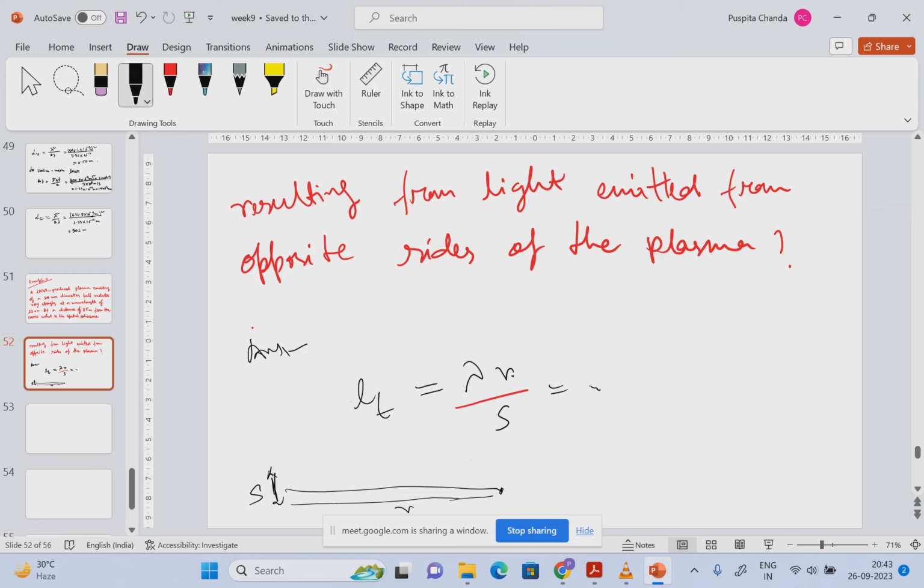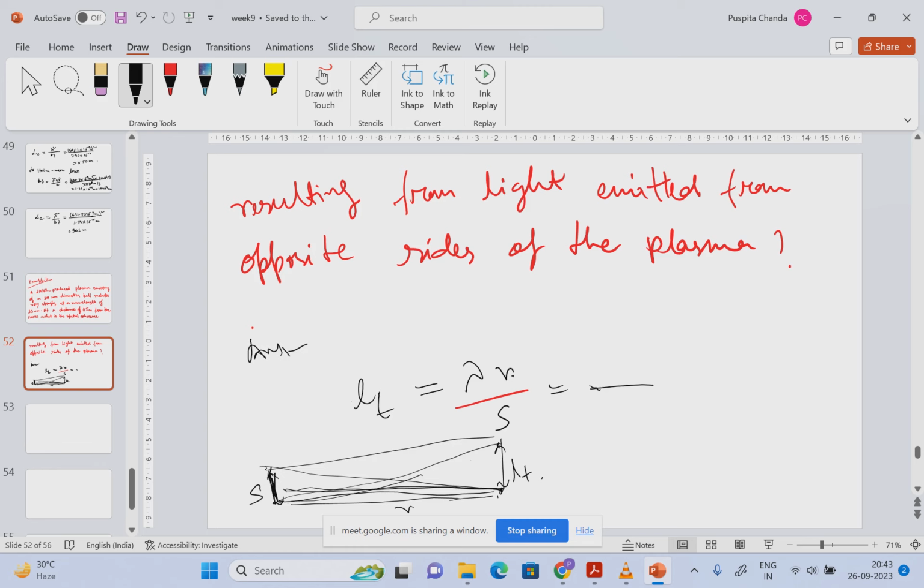If the two sources are in difference with S and an interference pattern is observed at a distance R, then this will be LT.